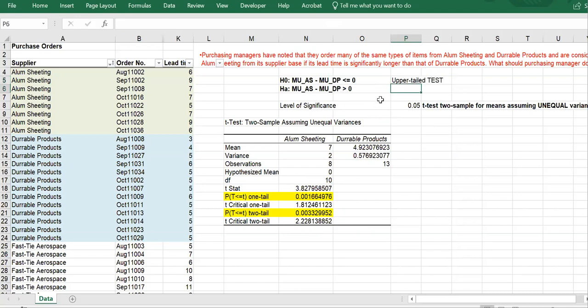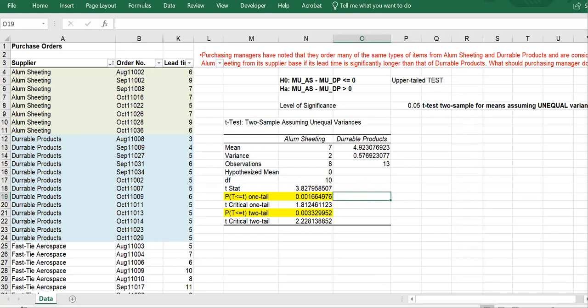Again, how do we determine what type of test we're dealing with? We just look at the sign of the alternative. This is strictly greater than, so it would be an upper tail type of test. Now our job is to determine if this is a p-value upper tail or p-value lower tail.